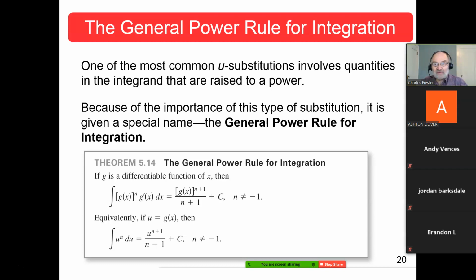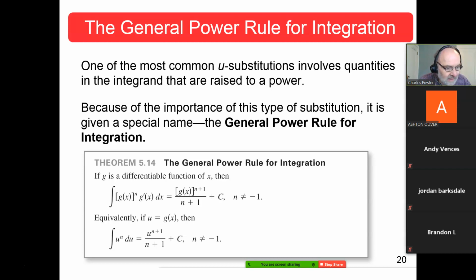All right, any questions? All right, we're starting today on chapter 5, integration, section 5.5, integration by substitution. My microphone and headset attachment is just getting all tangled up.